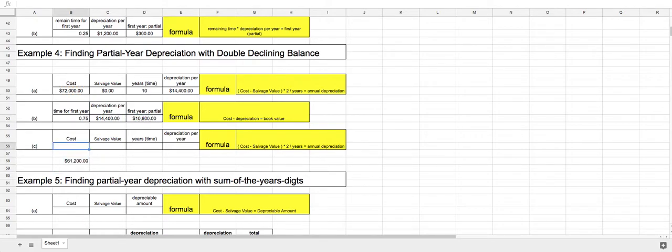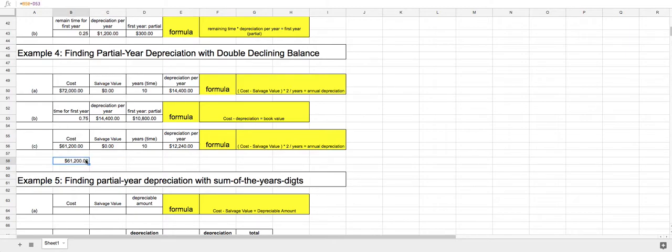Now we can use the $61,200. No salvage value, same amount of time, and depreciation for the first year. So equals cost minus salvage times 2 divided by time, $12,240.